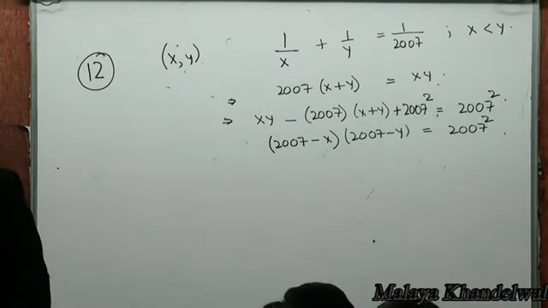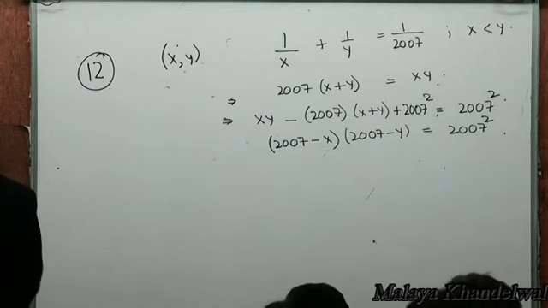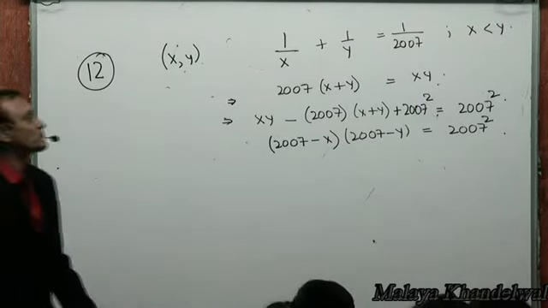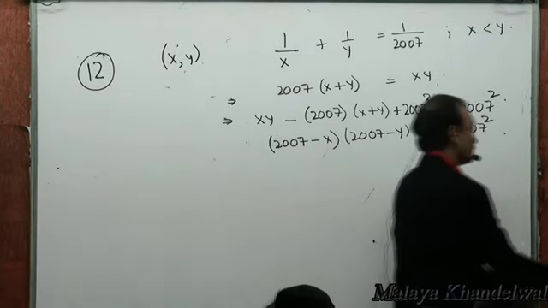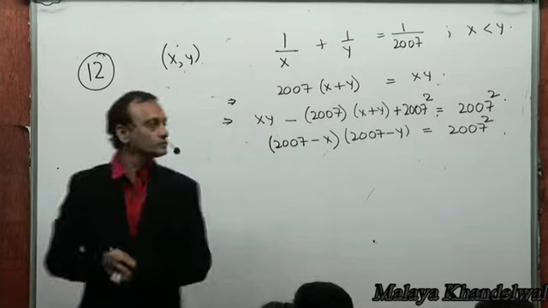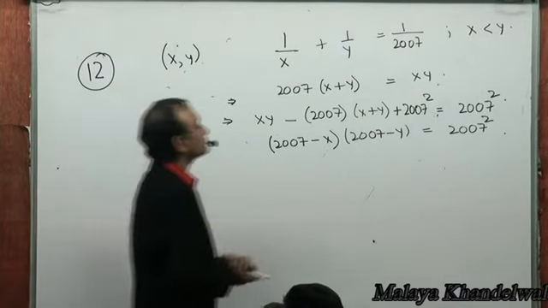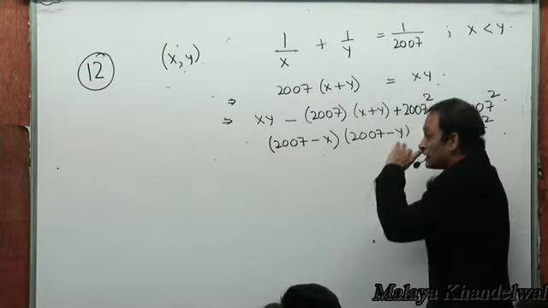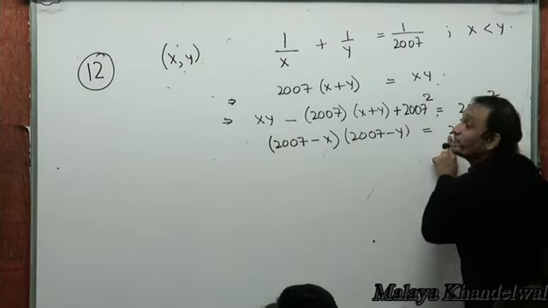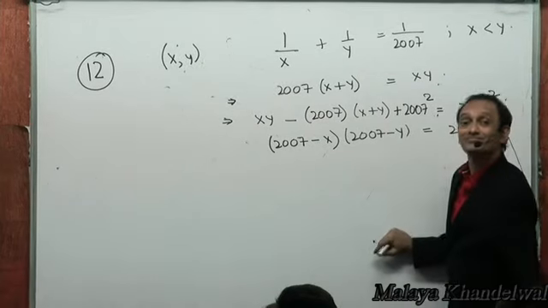Tell me. And you understand the rationale why I performed this manipulation? Why I was compelled to add 2007 squared on both sides? Yes or no? Now, see, which means 2007 minus x and 2007 minus y must be divisors of 2007 squared.